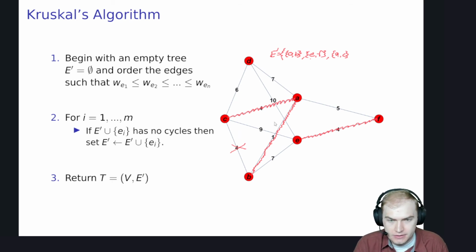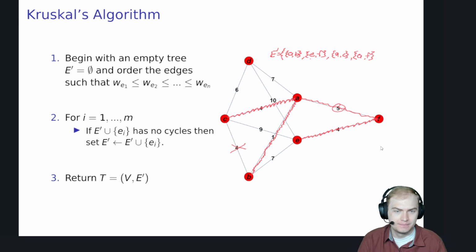The next smallest is A to F. So add that edge, A to F. There's no problems there. And I mistimed the number of slides I would need.